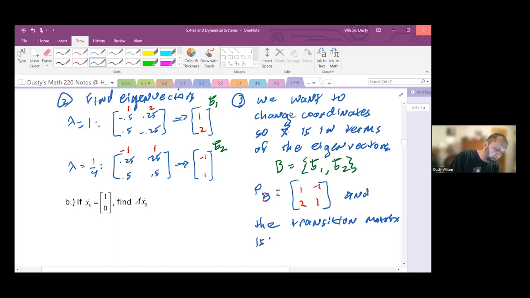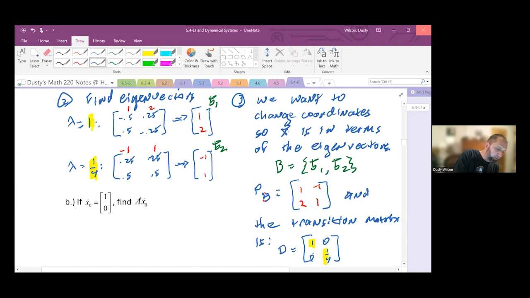With respect to these, D is equal to, and here we're going to take advantage of the eigenvalues that we already know. So remember, we had these eigenvalues, 1 and 1/4. And so we'll get a 1 and a 1/4 coming out, and it's a diagonal matrix.